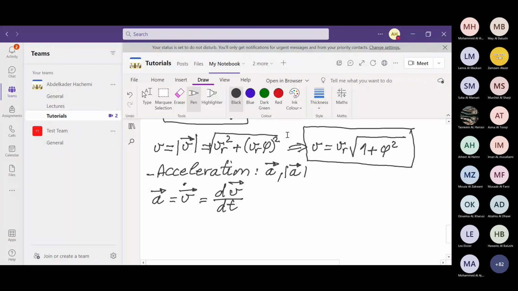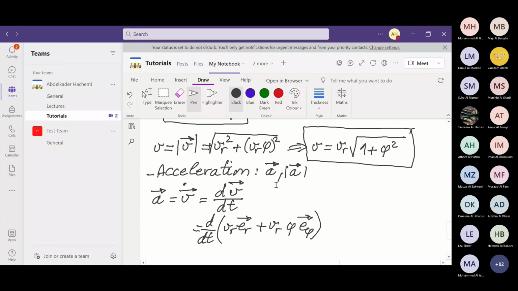Then we replace it. We have d over dt of the velocity, VR e_R plus VR phi e_phi.